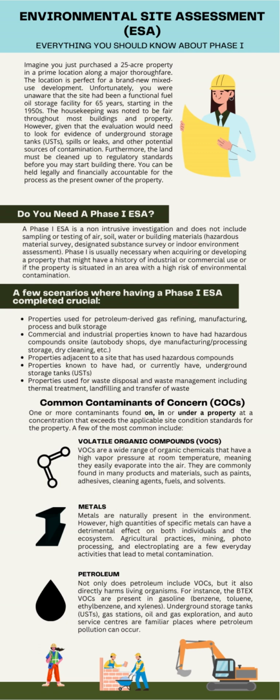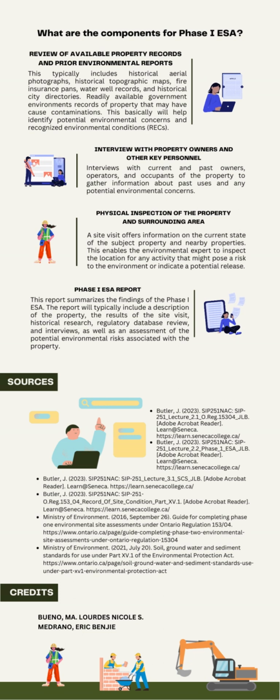Now we know what environmental site assessment is and the factors that we need to consider, we need to know what is or what is not included in getting one. Here are the four components of environmental site assessment in Phase 1.